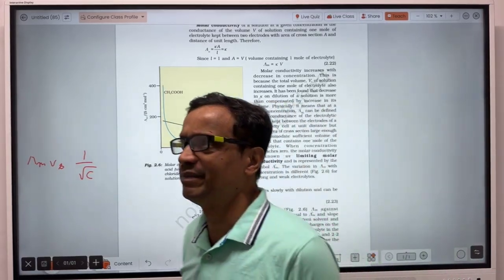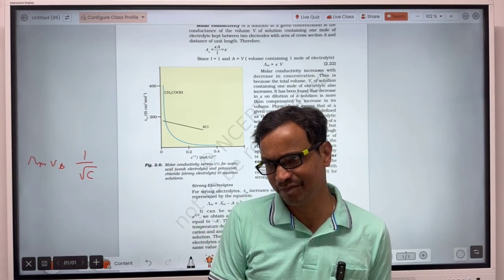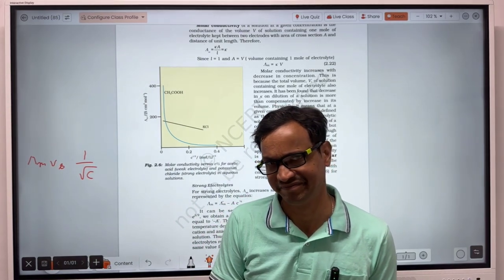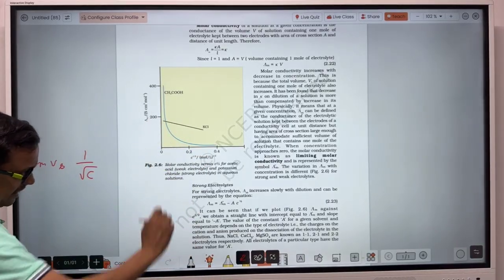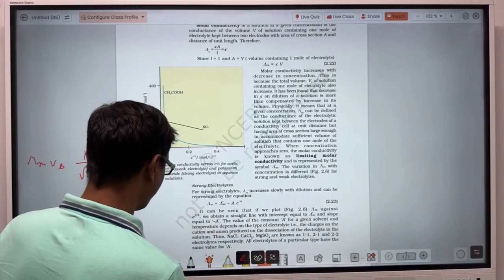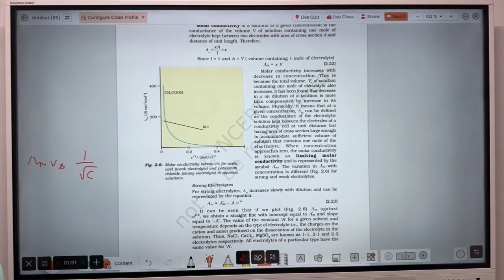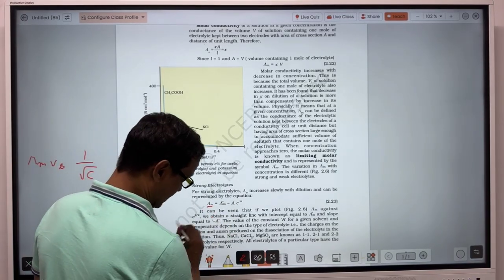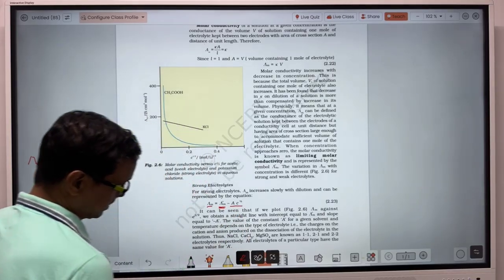So lambda degree m may also be considered as the maximum molar conductivity. So for a strong electrolyte, the relationship between molar conductivity and concentration is lambda m equals lambda degree m minus A root C.